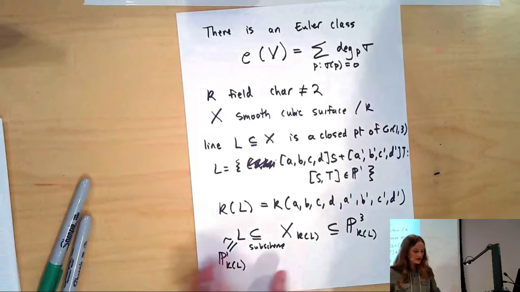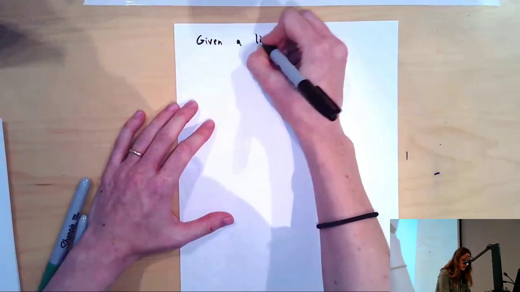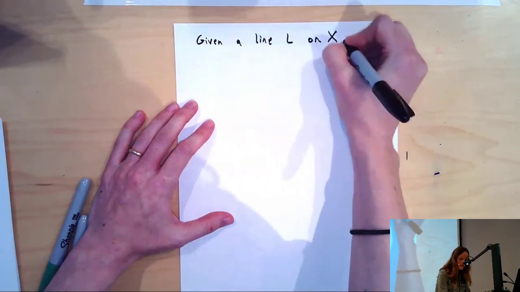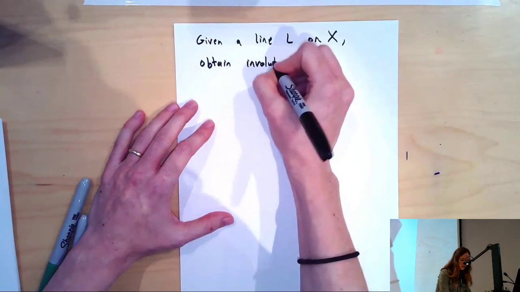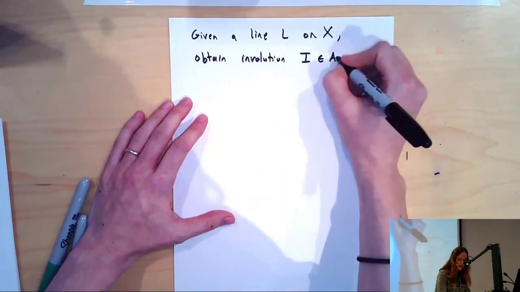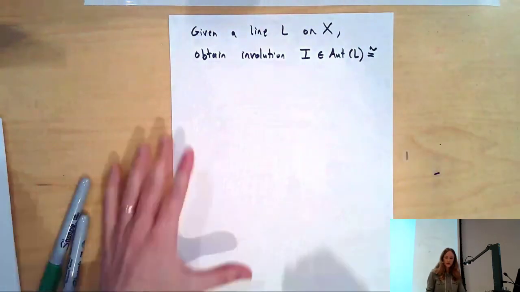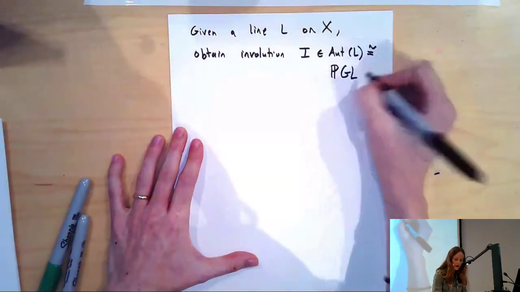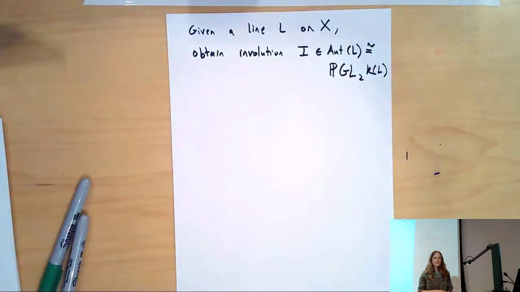So given a line L on X, the same recipe gives us an involution I in Aut(L), which after a choice of coordinates is PGL2 of K(L).